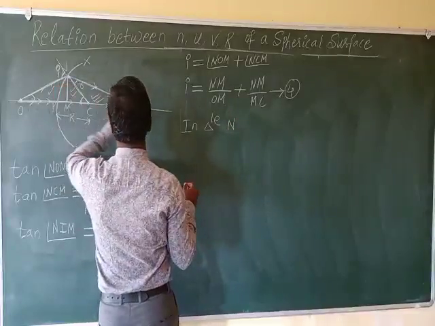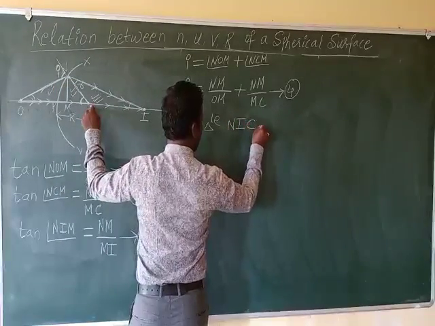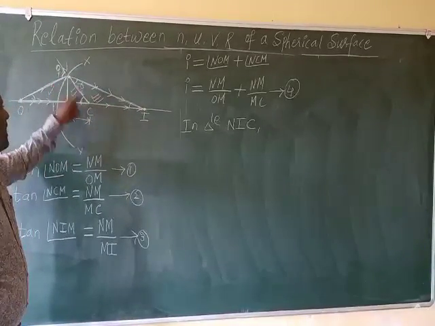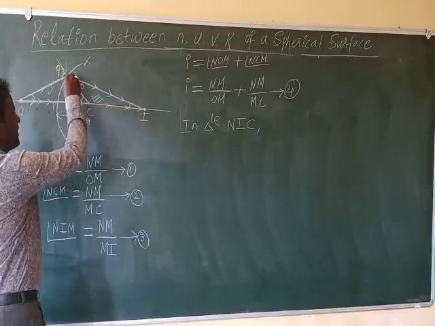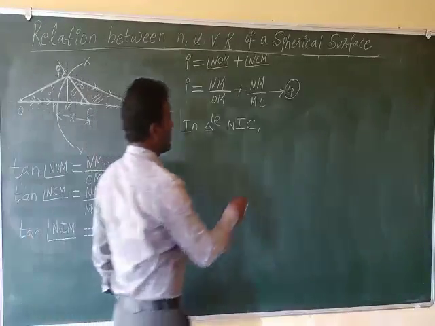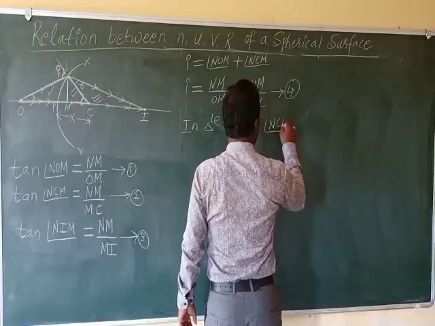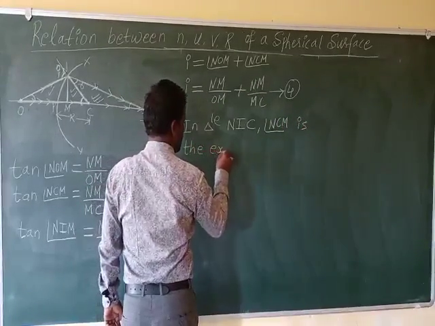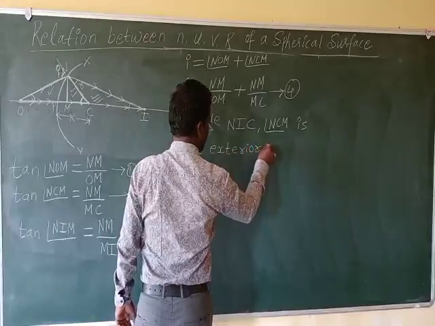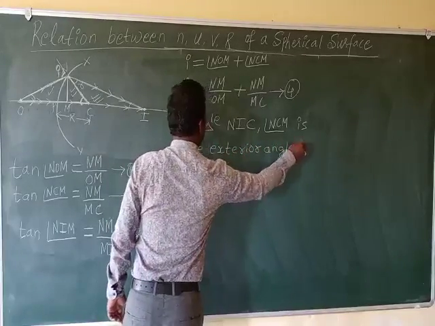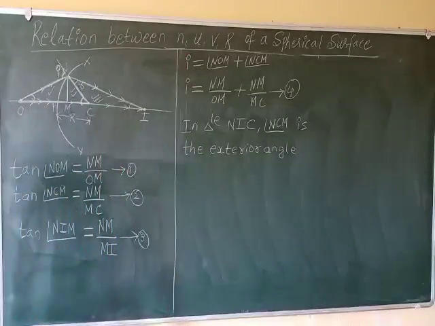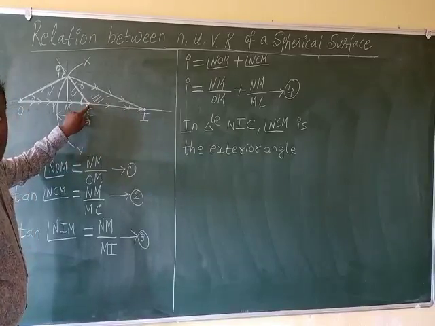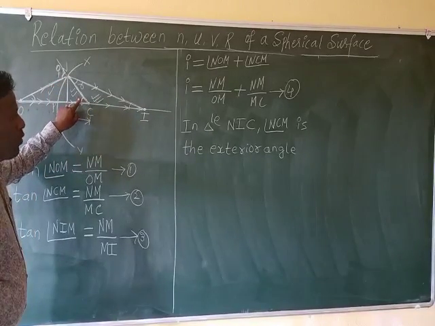In a triangle NIC, angle NCM is the exterior angle.